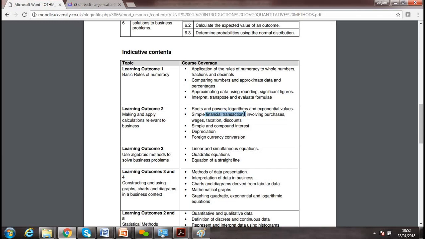One will be debit, one will be credit, and this we call a financial transaction. Does it make sense? Yes, sir. A transaction is an activity, normally involving a purchase. When we purchase something, we are doing financial transactions.